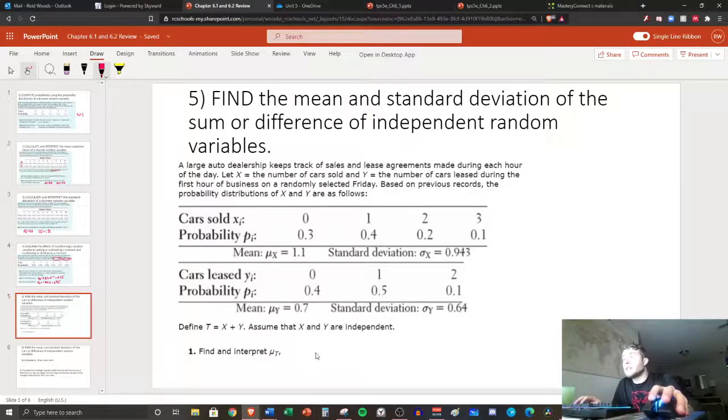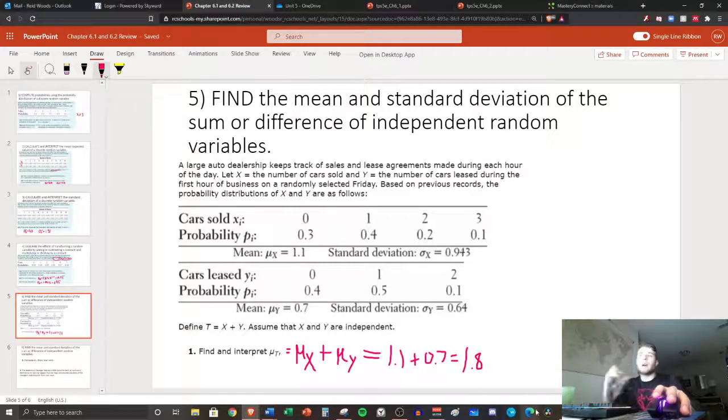So this is going to be equal to mu of X plus mu of Y. That's going to be 1.1 plus 0.7, which is going to be 1.8. So that's not too complicated of a formula to follow there. This shouldn't be too bad.